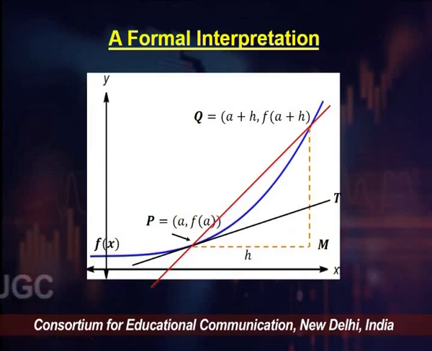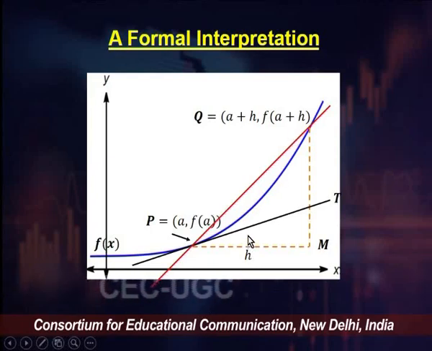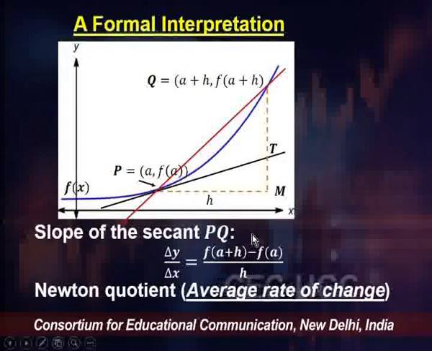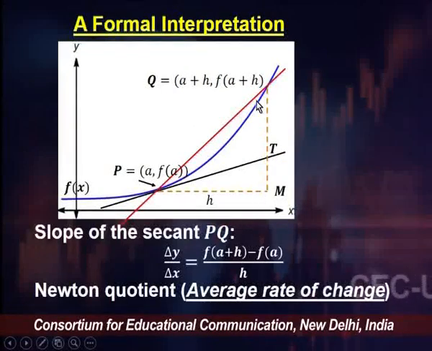Okay, so what we'll do is we will start with the slope of the secant line only, and then take the slope of the secant line as h tends to 0, because that is what then gives us a tangent and therefore the slope of the tangent. Okay, so let's first look at the slope of the secant line PQ. That is going to be given by the vertical distance moved, which is QM divided by PM, and that is going to be the change in y upon change in x, which is f of a plus h minus f of a divided by h.